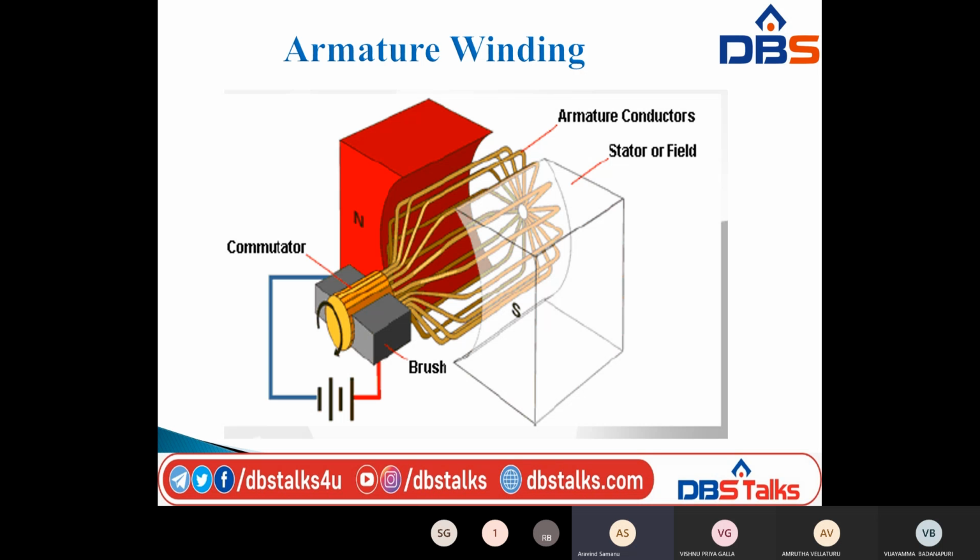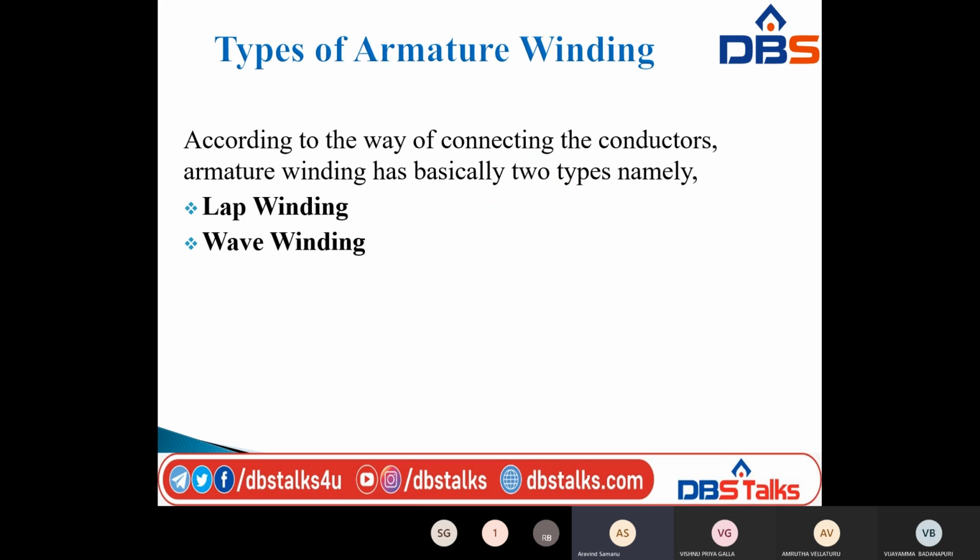This is the external load or battery. The red and white ones are the poles, this one is the armature conductor, and this is the stator or field connections. This is the armature winding connection diagram.